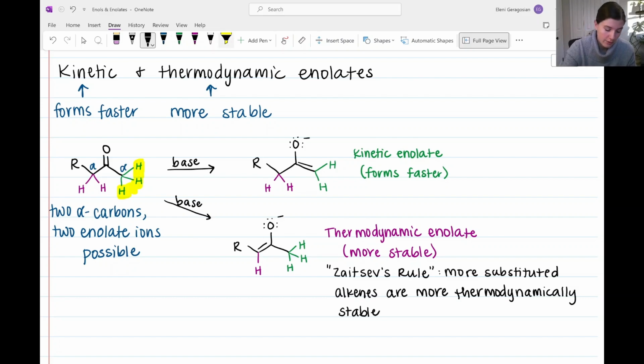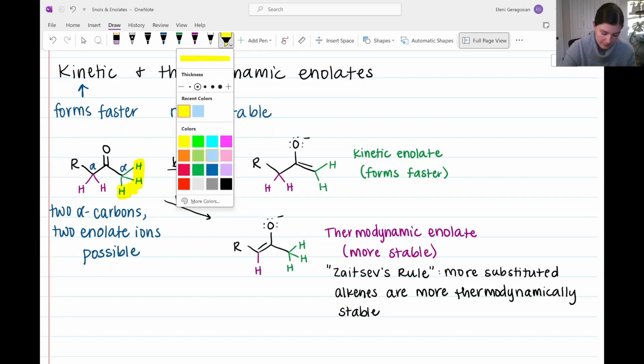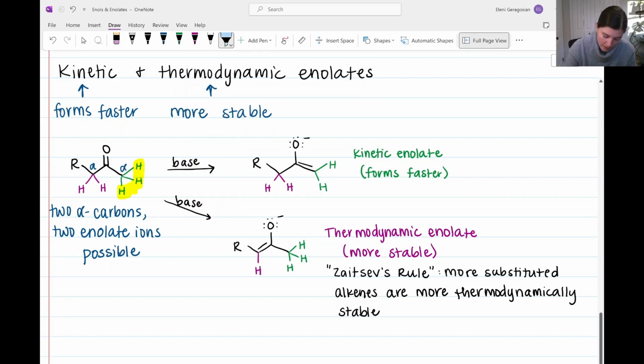So in the thermodynamic enolate, our alkene is between these 2 carbons. One carbon is bonded to an oxygen and another carbon. The other, that's part of the double bond, is bonded to one hydrogen and a carbon, the R group.